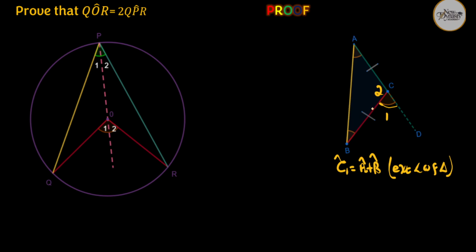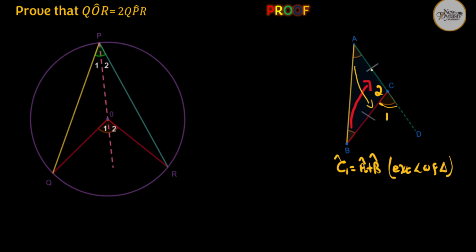Nonetheless, triangle ABC is also an isosceles triangle. How do we see that? The markings here on AC and that one on AB tell us that ABC is an isosceles triangle. Now, what we know about an isosceles triangle is that the base angles, or the angles opposite the sides that are equal, are also equal. So angle B here is opposite side AC, as you can see there, and angle A here is opposite side BC.